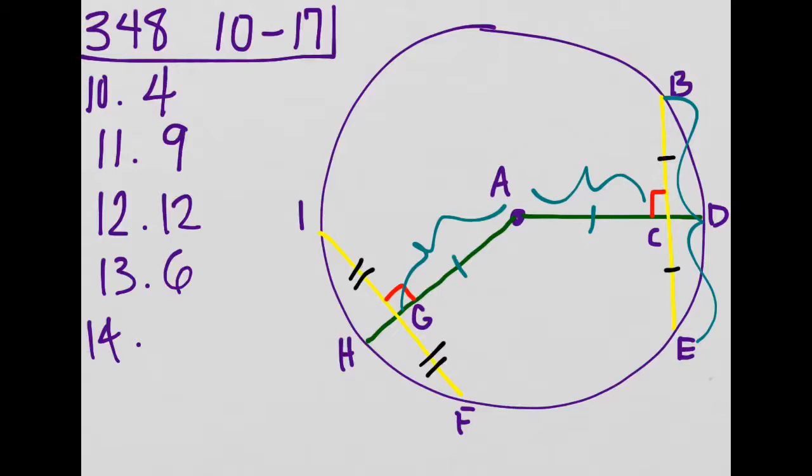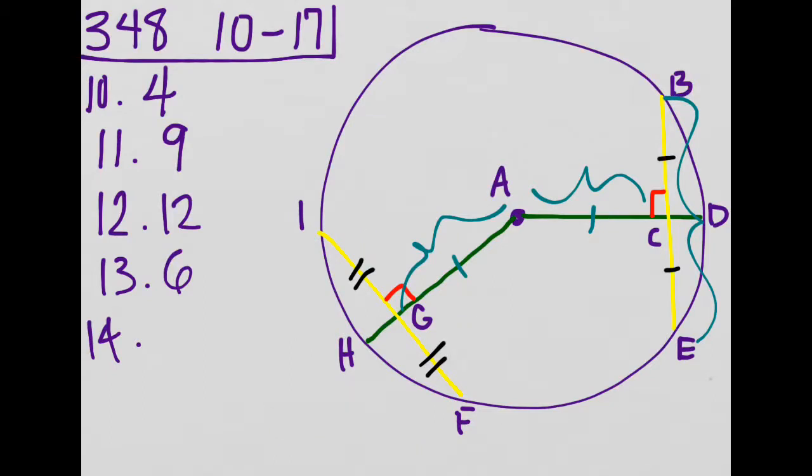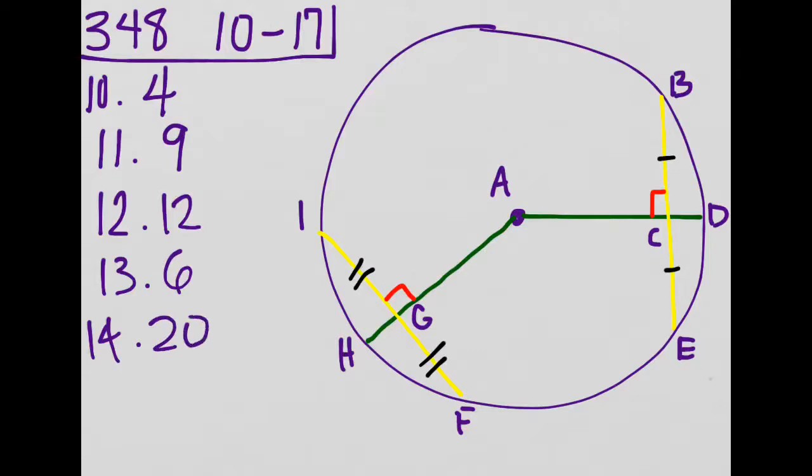And I know that IG is 10, which means GF is 10, which means FI is what? You guessed it, 20. So if this yellow chord is 20, then BE over here is also going to be 20. Let's erase some of that and put our answer in here.